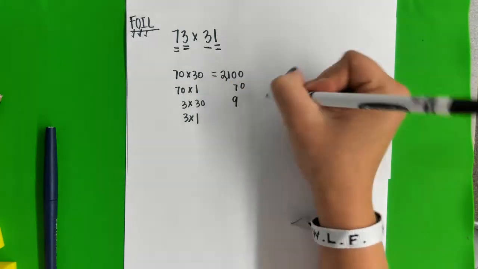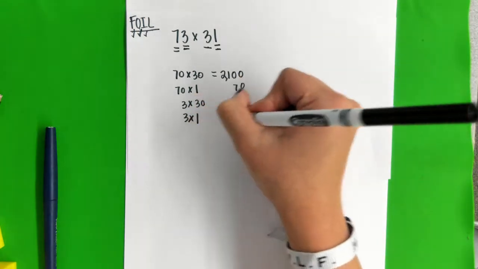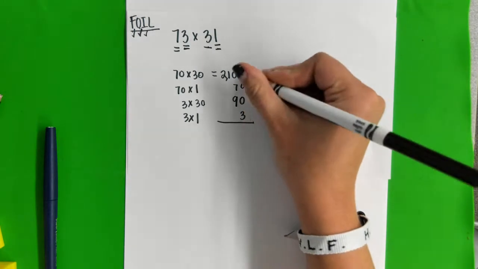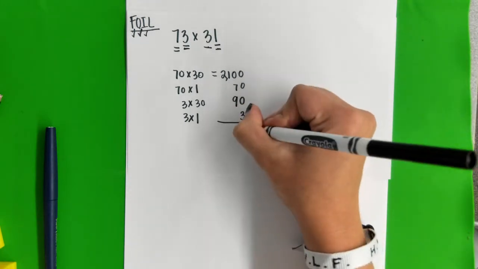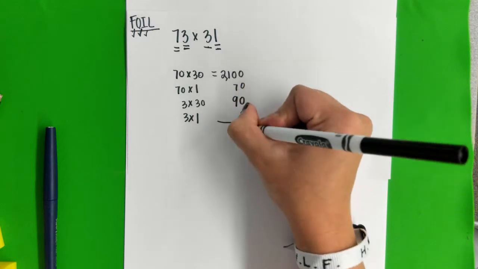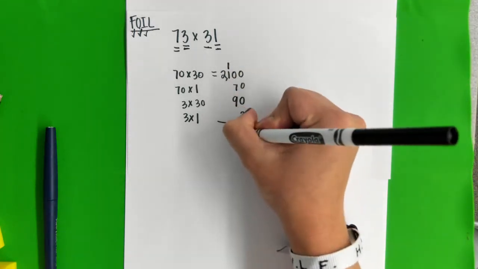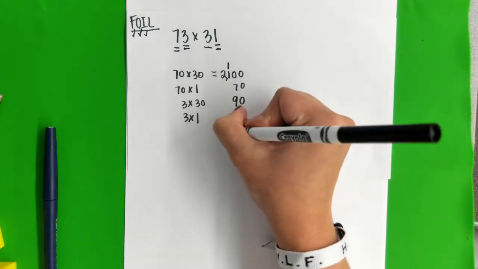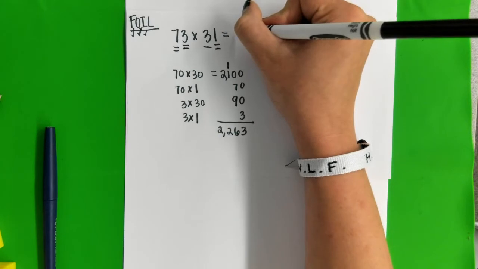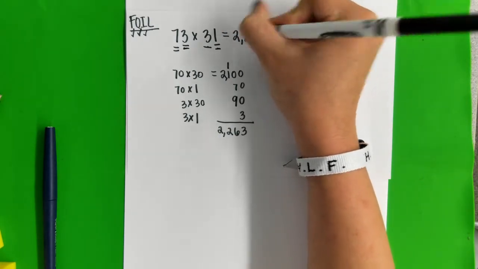I have 1 0 in my problem, so I have 1 0 in my answer, and then 3 times 1 is 3. 0 and 3. 7 and 9 is 16. 1 and 1 is 2, and then we dropped our 2 down. So 73 times 31 equals 2,263.